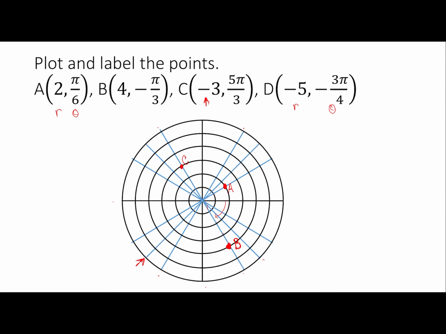However, because we want to go 5 in the negative direction, we don't get to go 1, 2, 3, 4, 5 out and become here. We need to go the opposite direction following that same line. So 1, 2, 3, 4, 5. This is point D, which is negative 5, negative 3 pi over 4, or positive 5, positive 3 pi over 4.